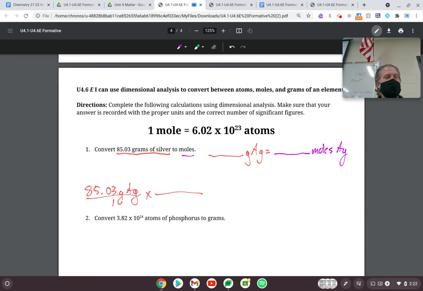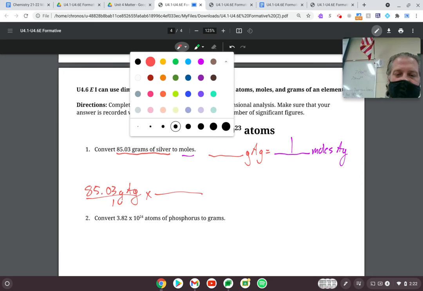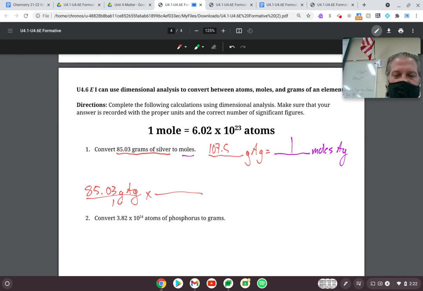And you may recall that that relationship is whatever the average atomic mass on the periodic table is equal to 1 mole. And so the average atomic mass of silver on the periodic table is 107.87 grams. So I'm going to take that 107.87 grams and put the unit of grams of silver on the bottom, and moles of silver on the top.